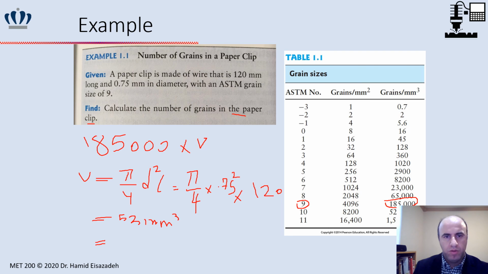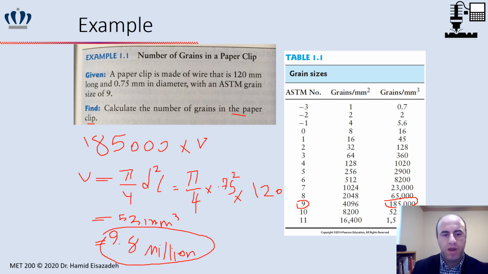So if you do that, then you get 9.8 million. It's a large number, right? In a paper clip, which is a very small size, you have about 10 million grains.